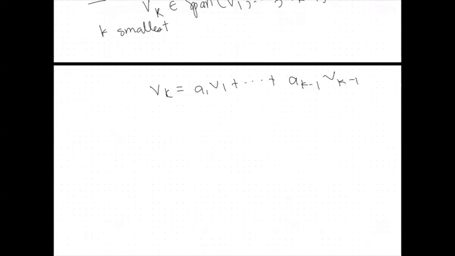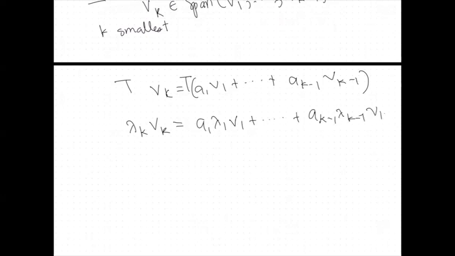If we apply T to both sides, we get lambda k vk is equal to a1 lambda 1 v1 plus up to a(k-1) lambda (k-1) v(k-1).